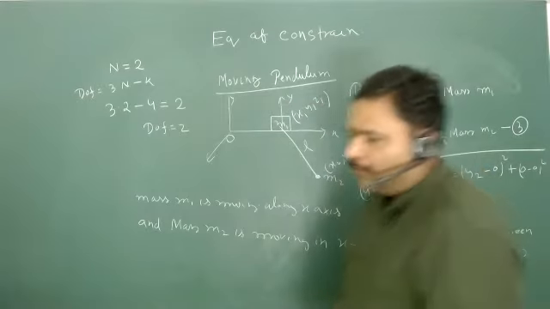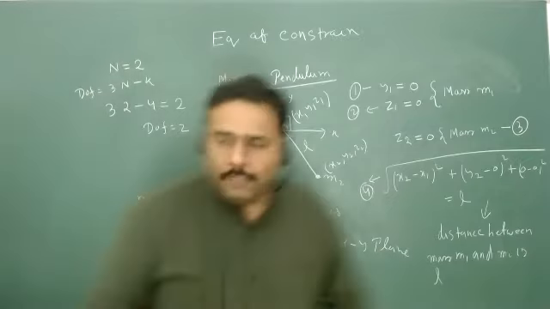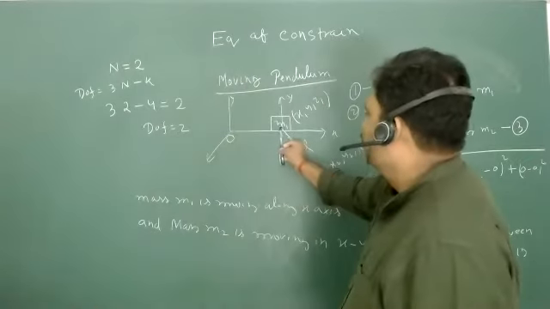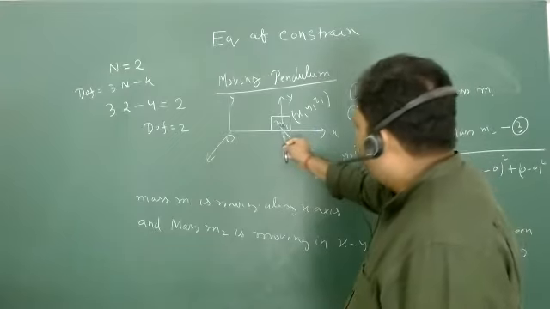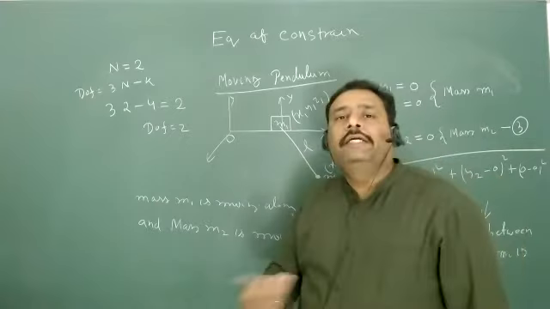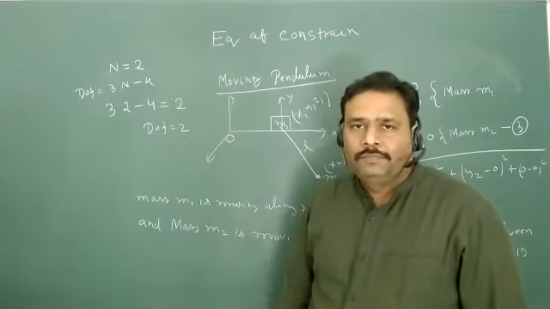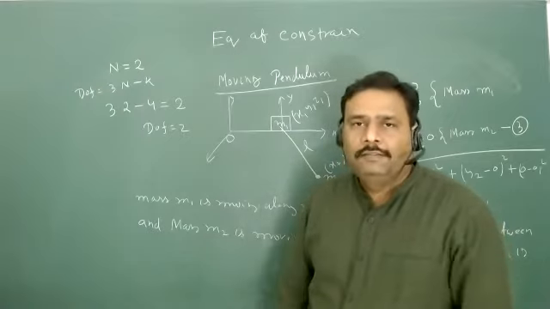You can just assume that the second mass is not oscillating or not moving, then both masses are just moving like this. So, okay, one motion I can visualize independently, but what about the second motion? Where is the second motion? How will you visualize that motion?